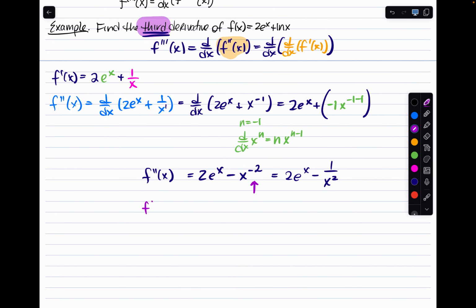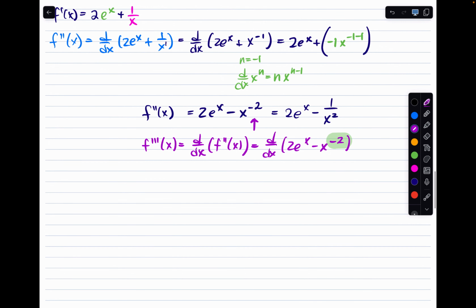So that when we go to evaluate f triple prime, we have d dx of f double prime, which is d dx of 2e to the x minus x to the negative 2. And then again, in that exponent, we're going to treat that as n equals negative 2. And when we differentiate this, that first function's derivative is once again e to the x times 2.